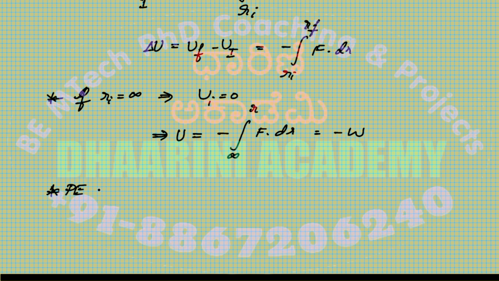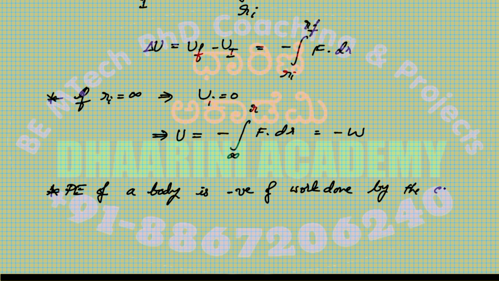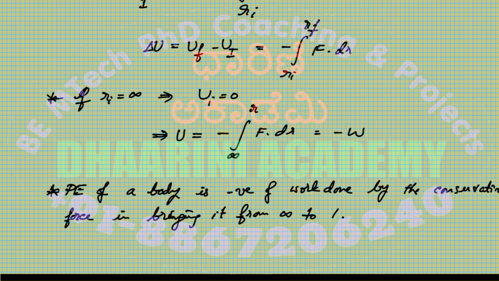So this implies the potential energy of a body is negative of the work done by the conservative force in bringing it from infinity to the present position. Okay, so that's the meaning of the equation.